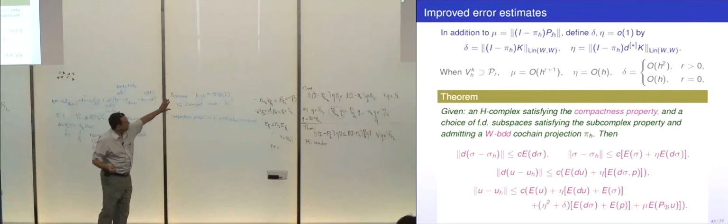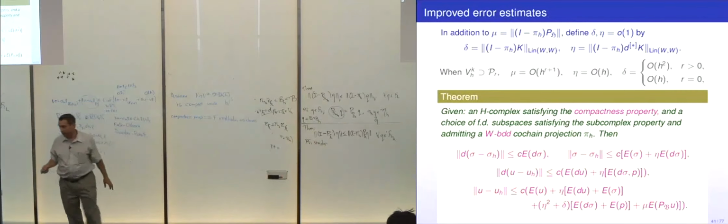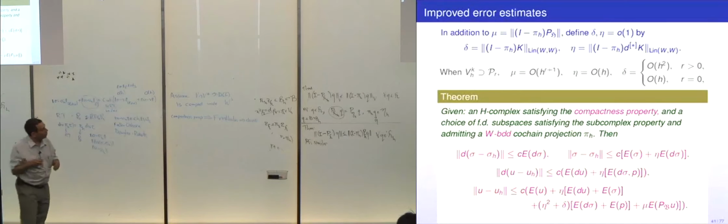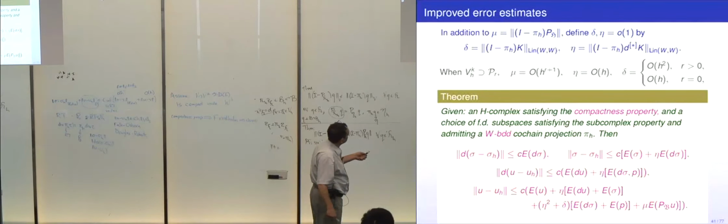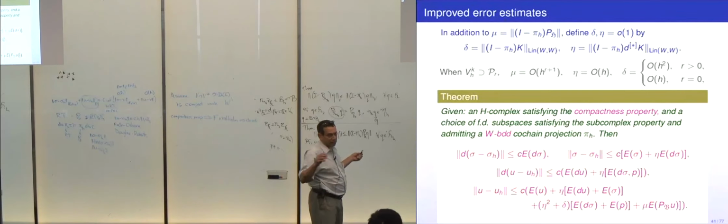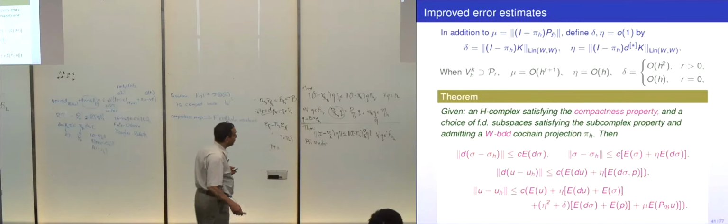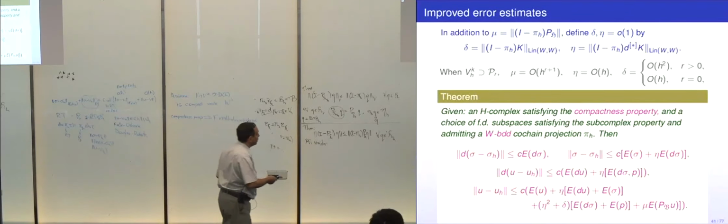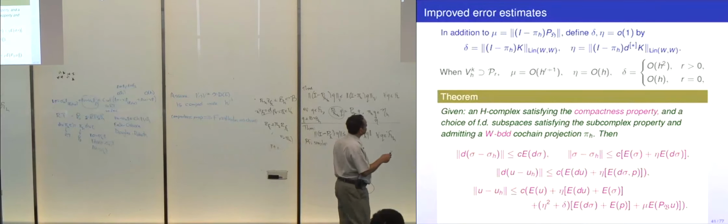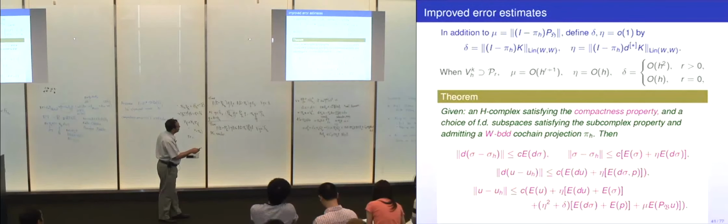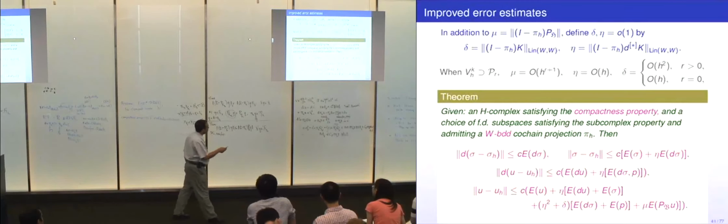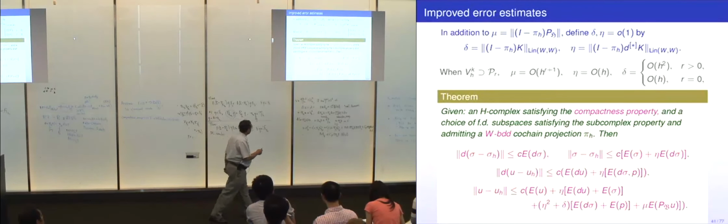But so we make this extra assumption about compactness. And we also make one other assumption. We assume that we have subspaces that satisfy the subcomplex property and have W-bounded cochain projections. Remember, I said that's a little bit stronger than V-bounded. You use that in this argument. With those two extra assumptions, the strength and boundedness of the cochain projections, and the compactness property, and the same old subcomplex property, then here's the error estimates we get.